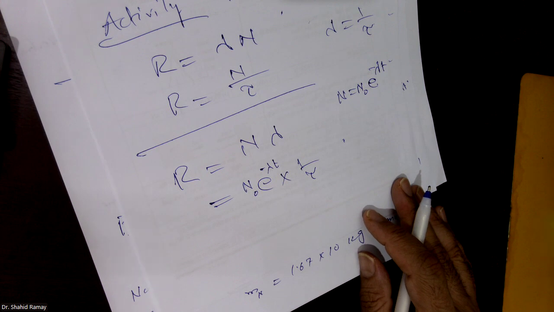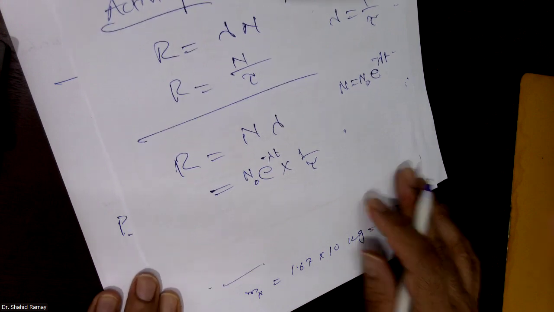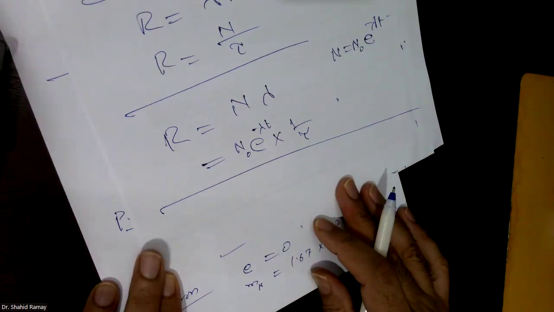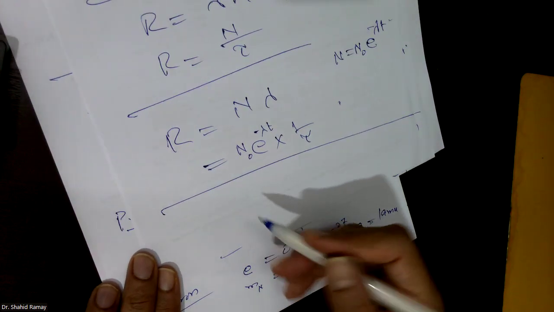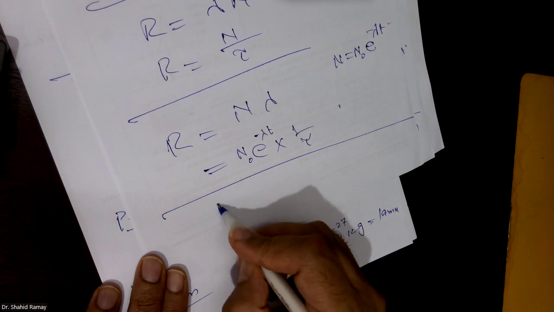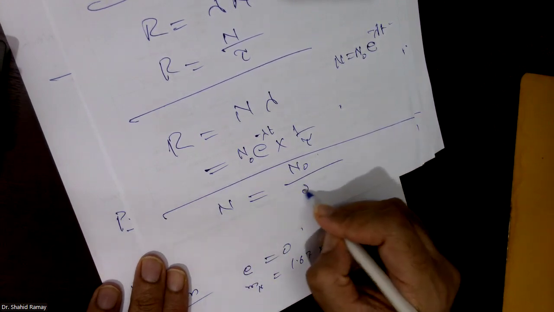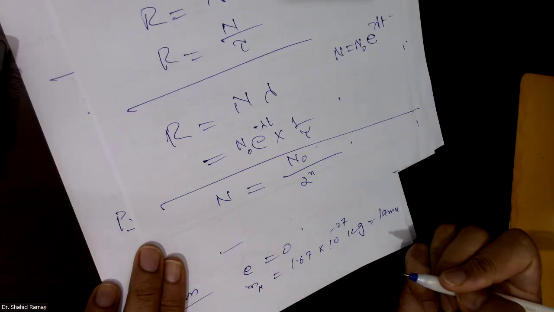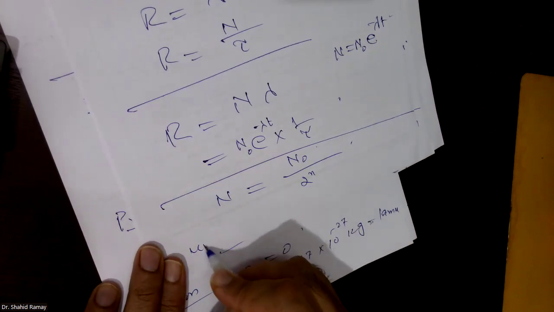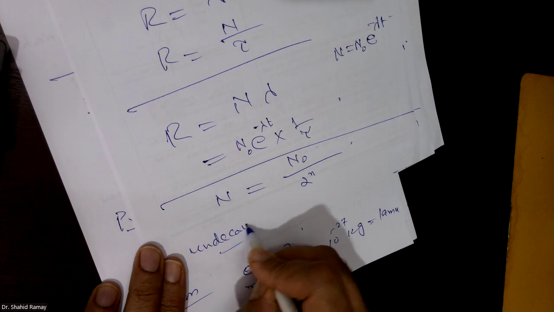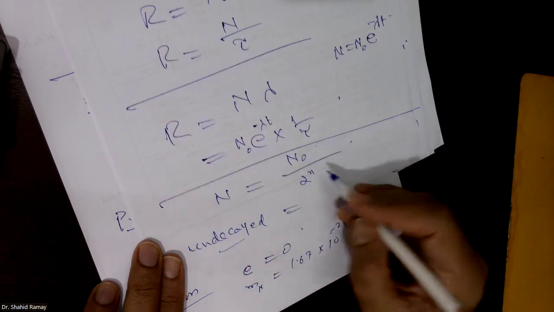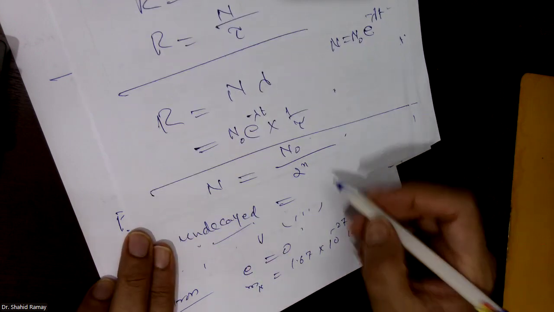Okay, after this, another formula which you should remember: if you want to find the undecayed nuclei, so N is undecayed, then N naught over 2 raised to power n. So N is the undecayed, and N naught is the initial nuclei, meaning the total number of nuclei.